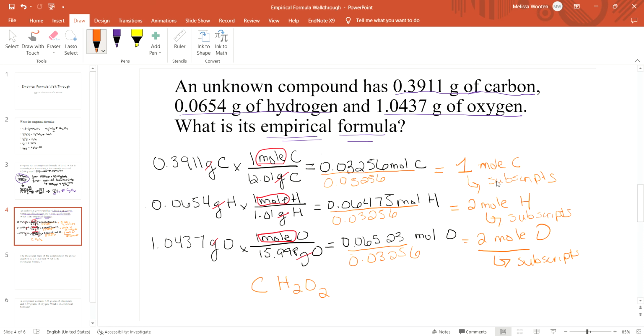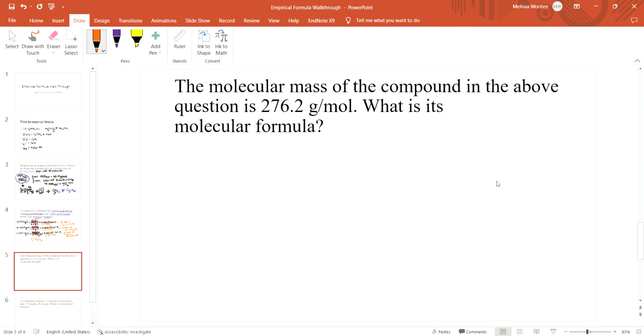Alright. So the molecular mass of the above compound, and that was CH2O2. So we have the empirical formula.